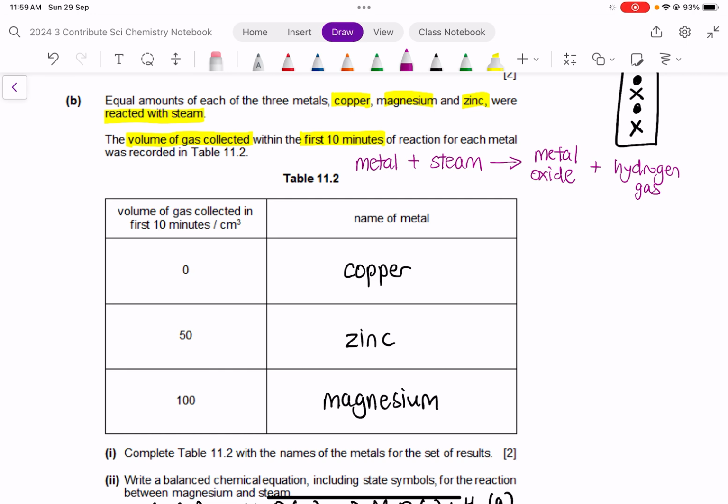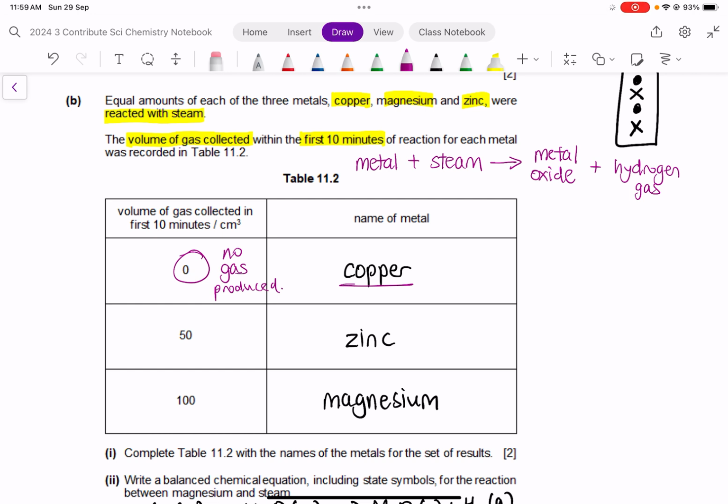But do all metals react with steam? The answer, of course, is no. Copper is unreactive with steam. Because copper is at the bottom of the reactivity series, it doesn't react with steam. Therefore, there's no gas produced. Okay, so the one with 0 cm cubed should be the unreactive metal, copper.